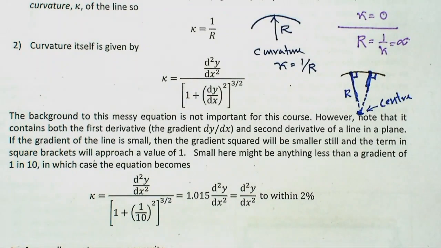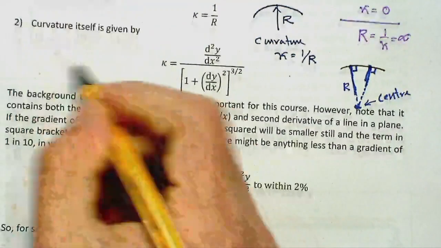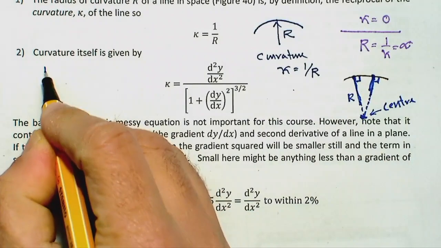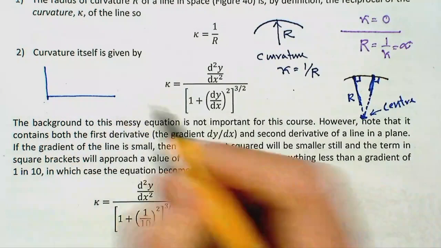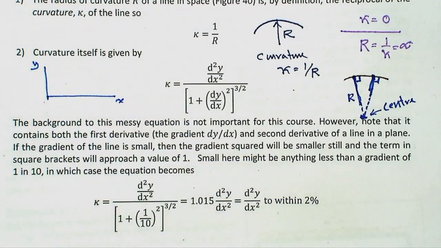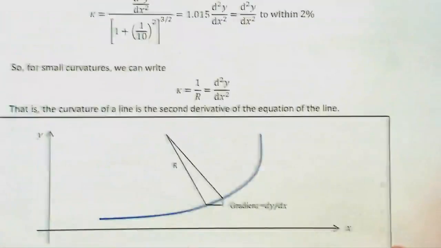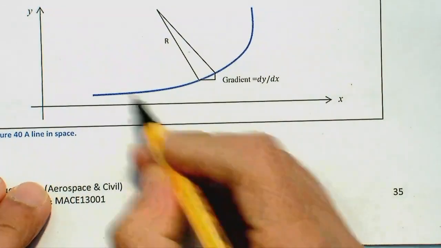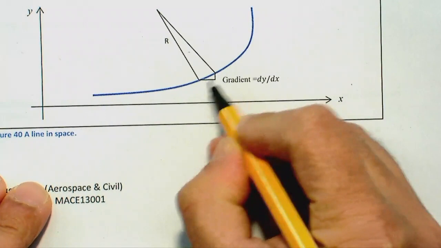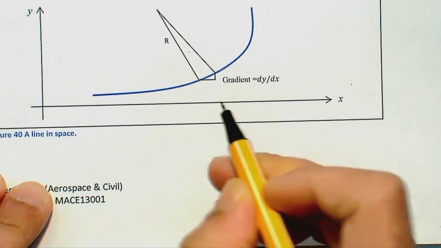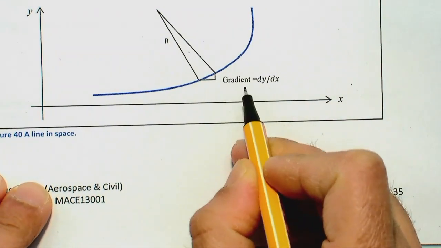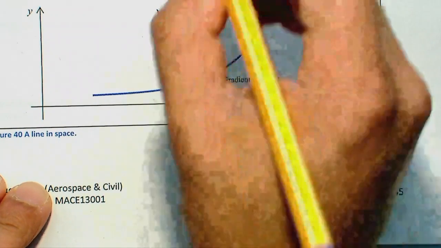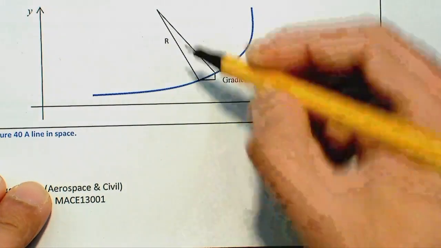Now, if you have got a curve, say, x versus y, a generic curve like this, and then at any point you can draw the gradient dy/dx, and rate of change of this gradient is the curvature. That's approximate.